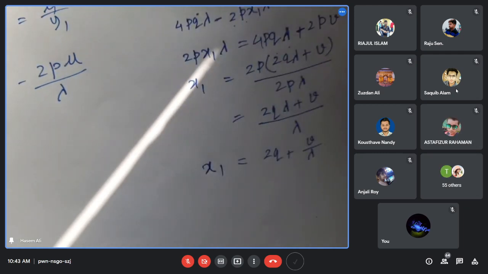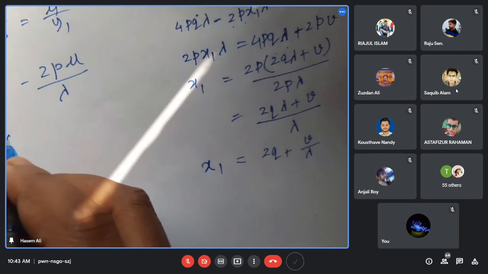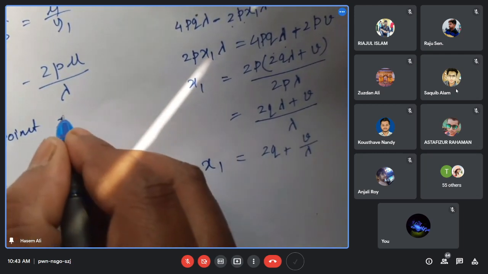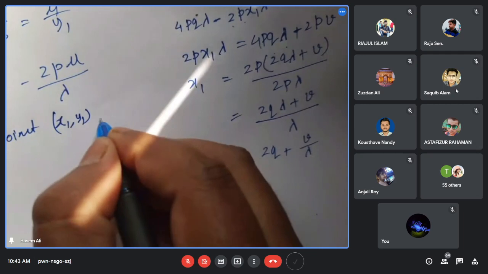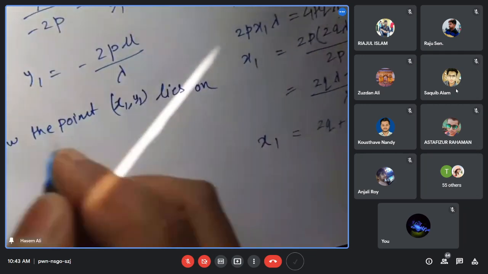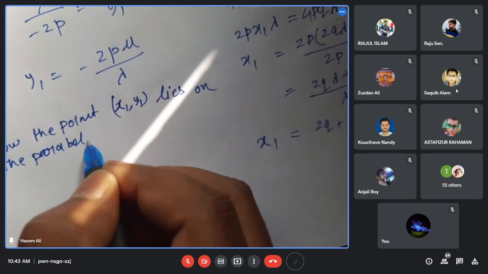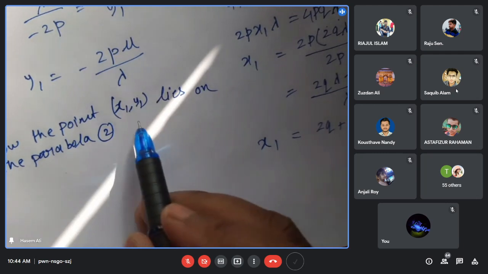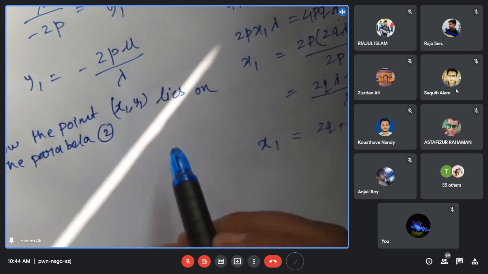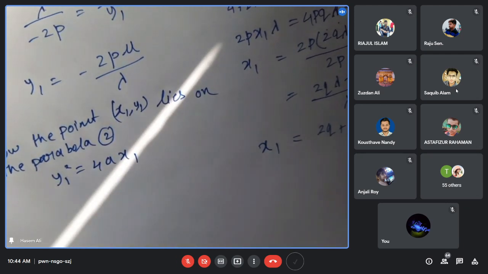Now the point x1 y1 lies on the parabola 2. That means y1 square equals to 4ax1. Just put these values.